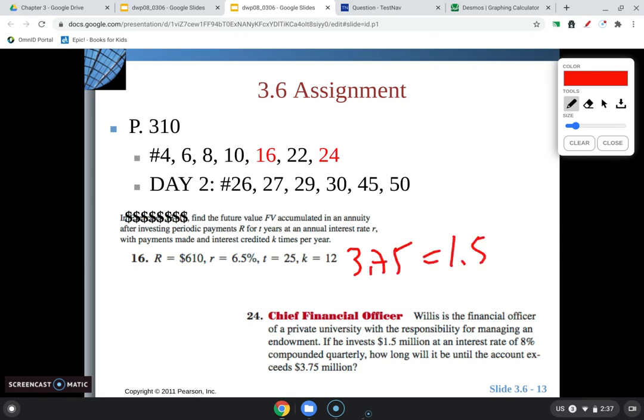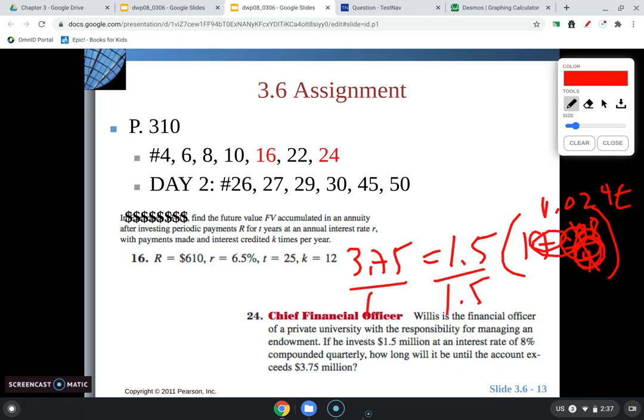He started with $1.5 million times 1 plus the rate 0.08 compounded quarterly, all to the 4t power. We're trying to figure out how long it's going to take. K is 4. 0.08 divided by 4 is 0.02, so that would be 1.02. So we're going to divide by 1.5. So 3.75 divided by 1.5 is 2.5.